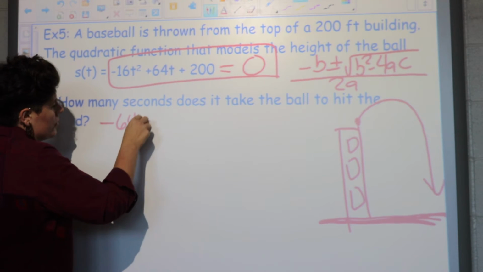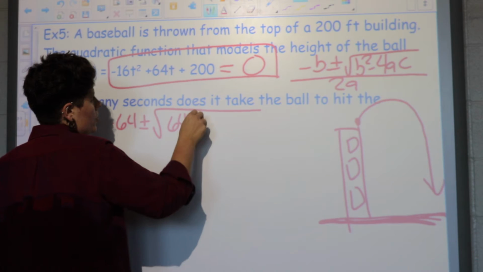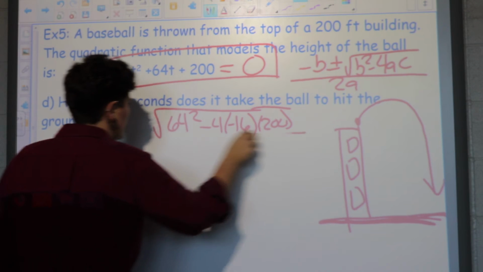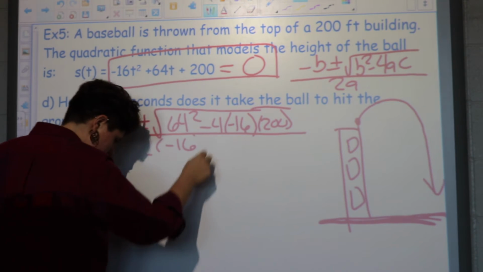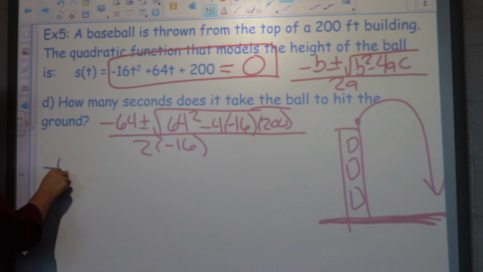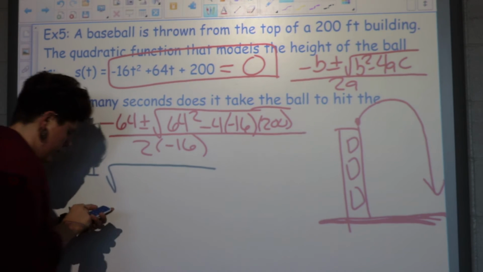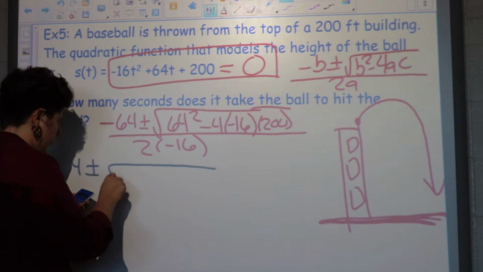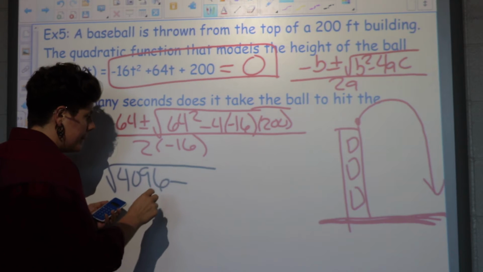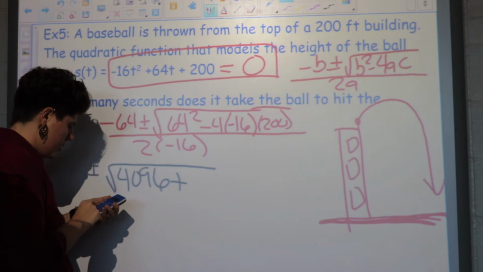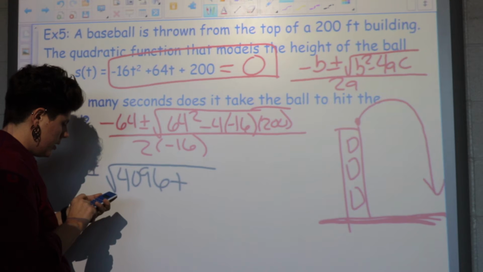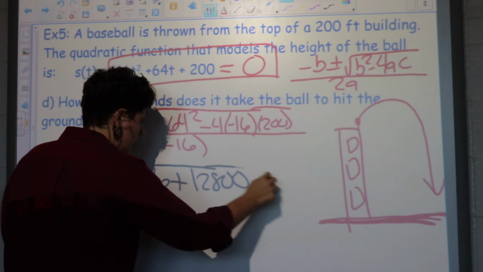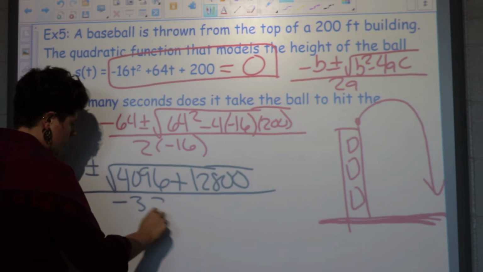Negative 64 plus or minus the square root of 64 squared minus 4 times negative 16 times 200, all divided by 2 times negative 16, which gives me negative 64 plus or minus the square root of 64 times 64 gives me 4,096 plus, because a minus and a minus make a plus, 4 times 200 times 16 gives me 12,800, all divided by negative 32.